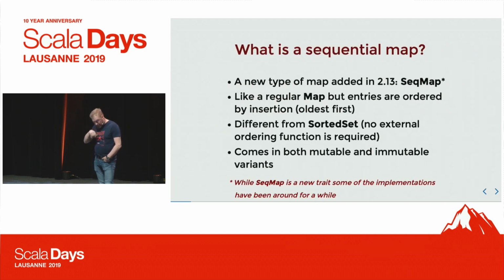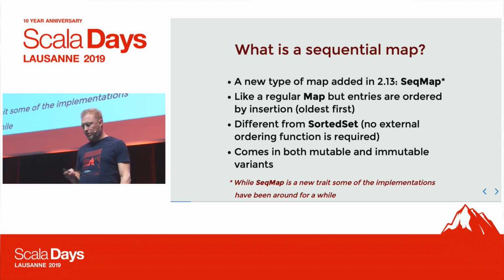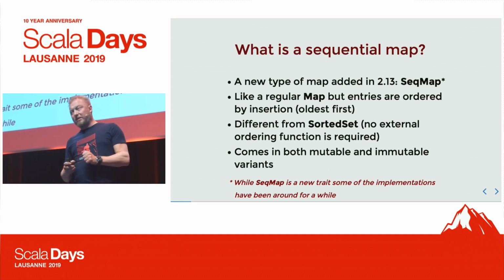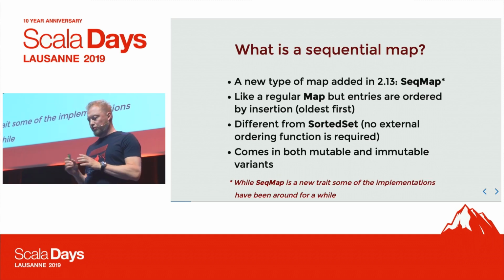So what is a sequential map? It's a new type added in 2.13, and it's an interface, or a trait, called SeqMap, and it exists both as a general type and also as one mutable version and one immutable version, as is common in the collections library in general. It's like a regular map, but the entries are ordered by insertion, not sorted.